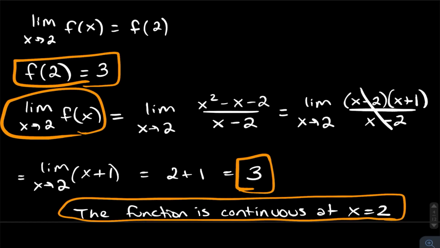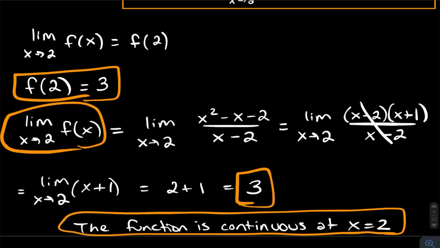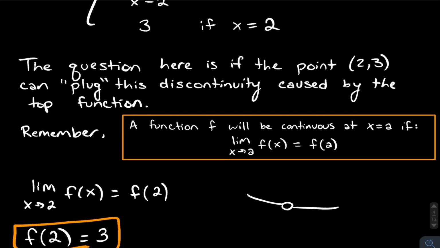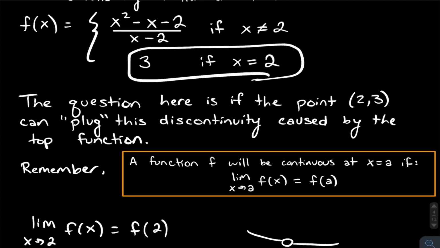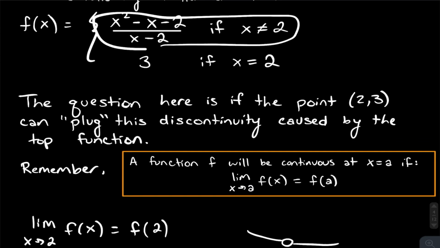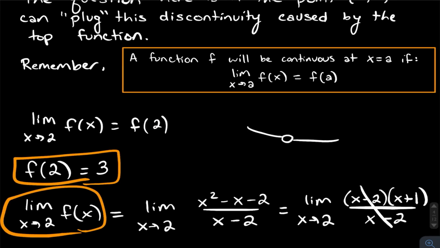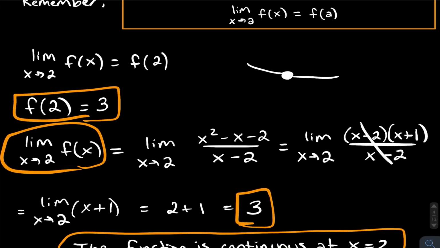Okay, so the function's continuous at x equals 2. Remember what that means? That means that we have our graph coming in here. It's got an open circle, and since we defined a new point here at that point of discontinuity for this function, that point actually ends up plugging it. And we figured that it plugs it by just evaluating what the limit was and seeing if it was equal to the y value of that point.